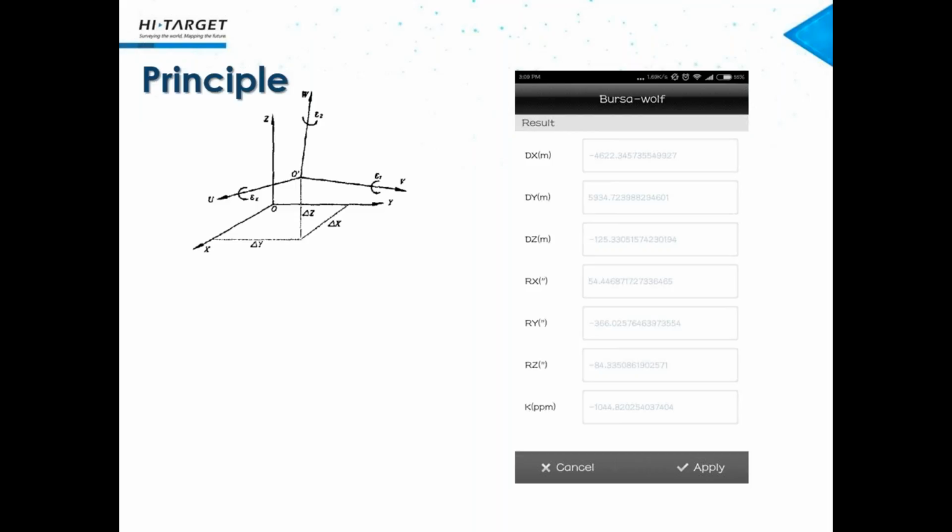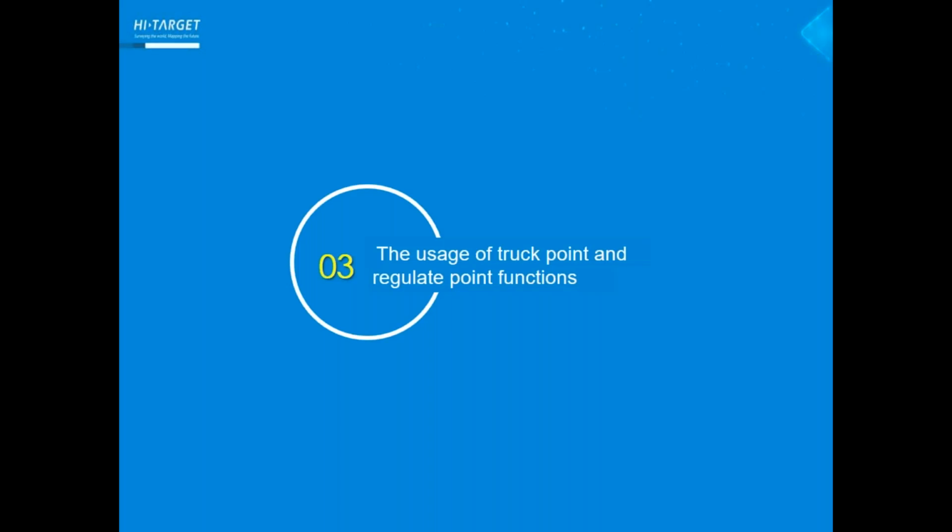After that, I will introduce how to use regulate points and track points in Hathaway. With the regulate point function, we don't always need to install the base on a control point.